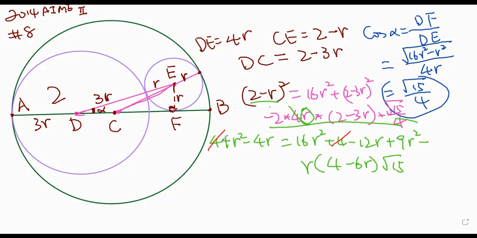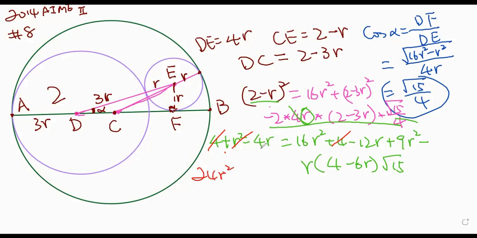So R squared, this R squared, and this is 16R squared plus 9. So it's 25R squared minus this R squared is 24R squared, right? I just write the right hand side, 24R squared, right?